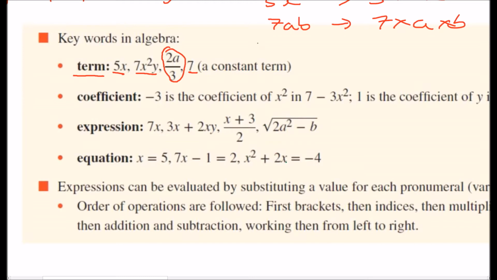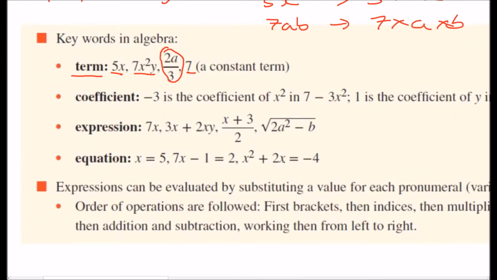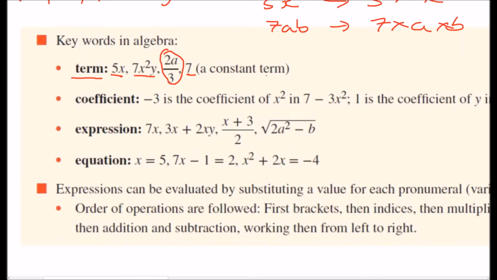Letters by themselves are terms, and a number by itself is a term. You can think of a term as being split up by plus and minuses. Now, a constant term is basically a number that's by itself.